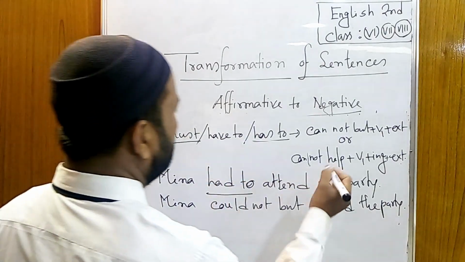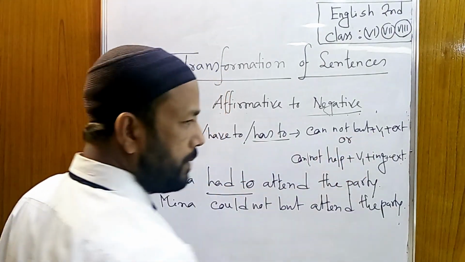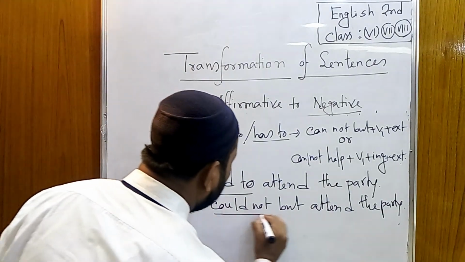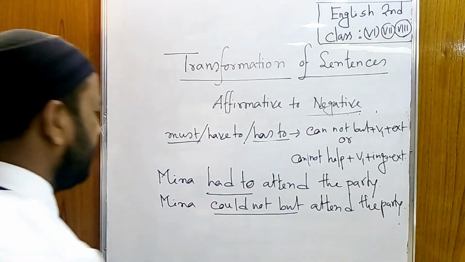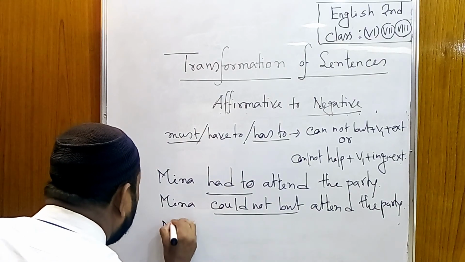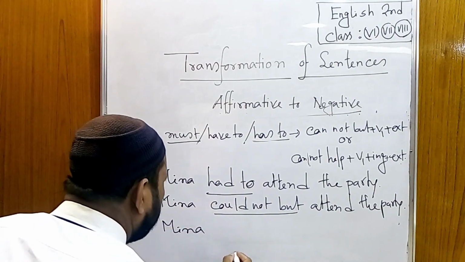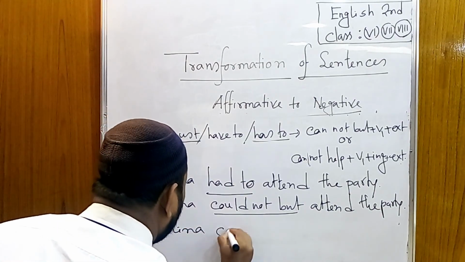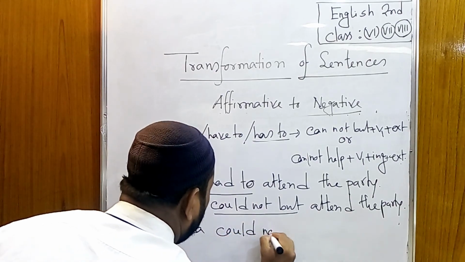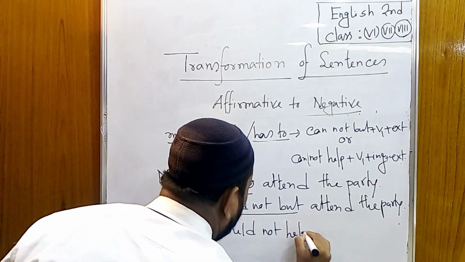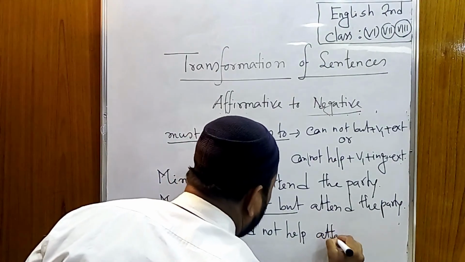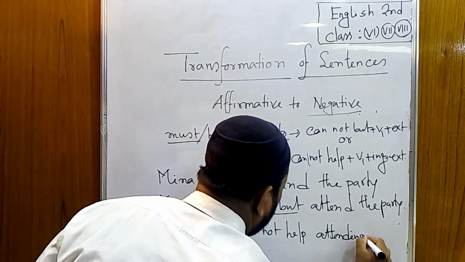Here we use cannot help or cannot but, and here we use could not but. And we can also write Meena could not help attending the party.